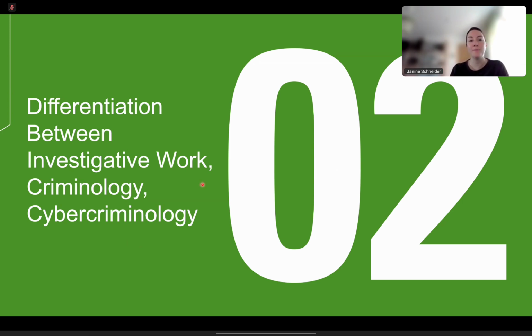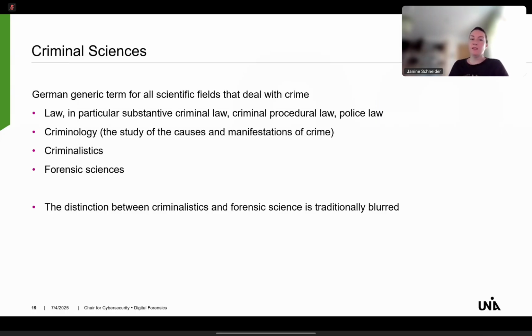So translators, for example from German to English, often get confused by the wording, so they fill in criminology, but actually we talk about criminalistics. So I will correct that, and let's continue.